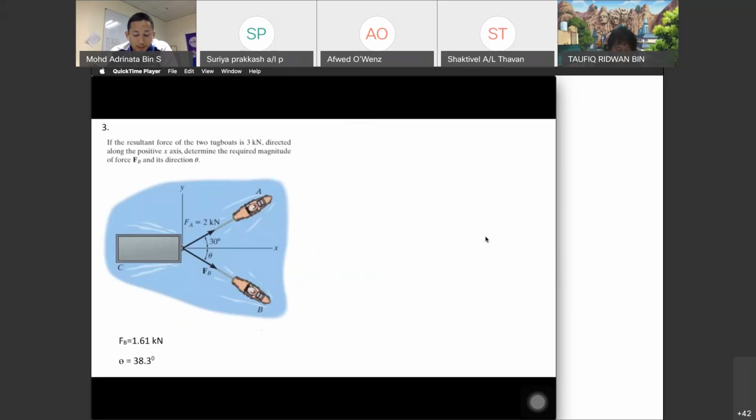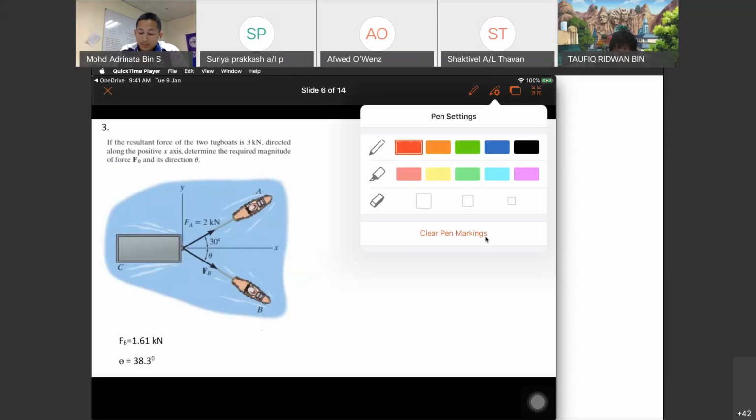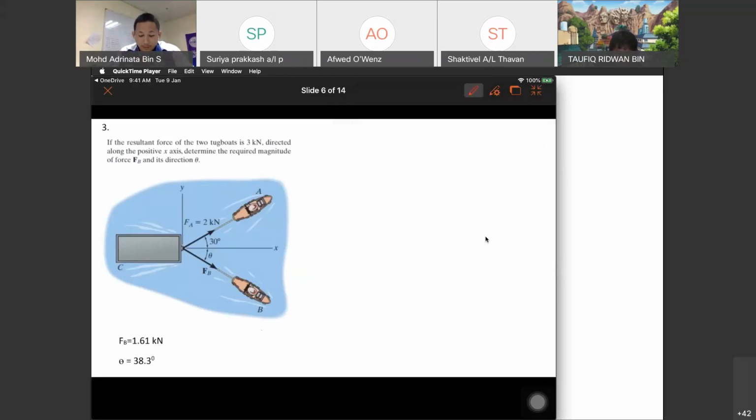So maksud dia total je, total FR is equals to 3 kilonewton along x-axis. Determine the required magnitude of force FB and its direction. Okay, ni soalan common lah.